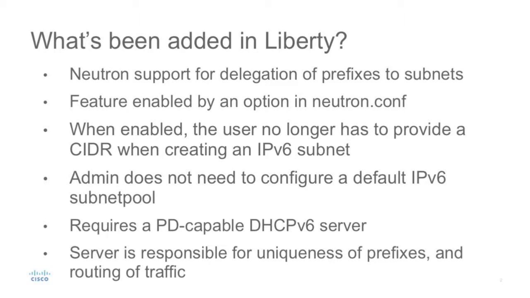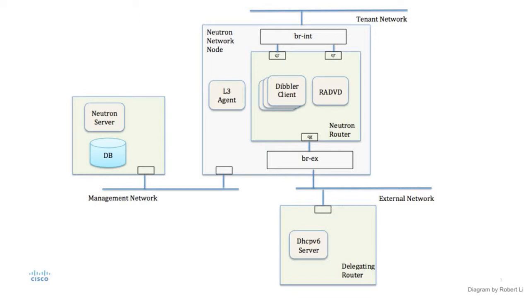So what does this look like as a network diagram? This is a network diagram put together by Robert Lee, my colleague at Cisco, who is my co-author on these patches. And what's new in this diagram, which will probably look familiar to some of you, is in the Neutron router namespace on the network node, you can see that we're spinning up one or more Dibbler clients.